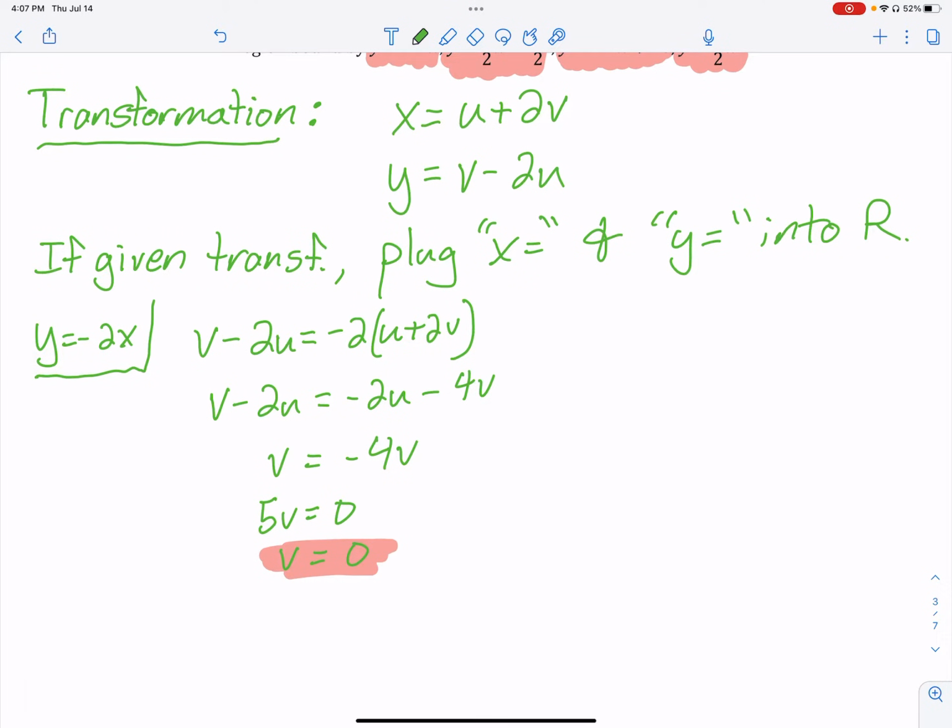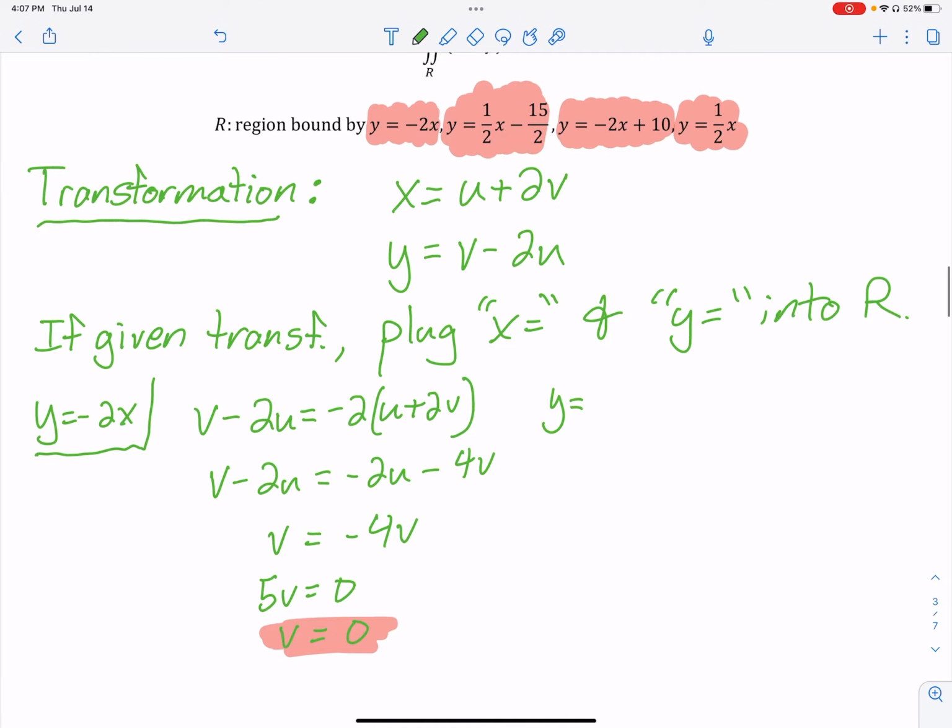Let's do the next one. That's going to be y equals 1/2 x minus 15 over 2. We're going to plug each part into that. So y is v minus 2u equals 1/2 times u plus 2v minus 15 over 2.